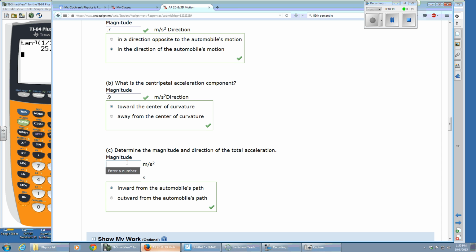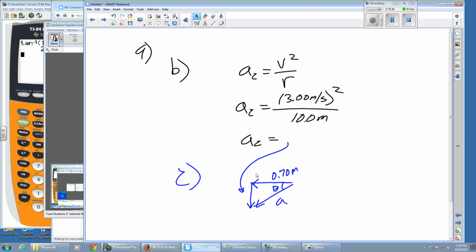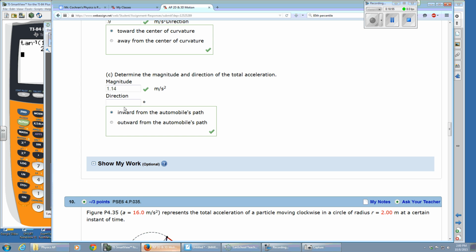I figured you guys know how to do Pythagoras in your sleep, right? For C, I am doing Pythagoras here. And for my angle, I'm going to do the inverse tan of opposite, my 0.9, over adjacent, my 0.7. This is what I want to check. I knew all those things were fine. This should be 52.1.